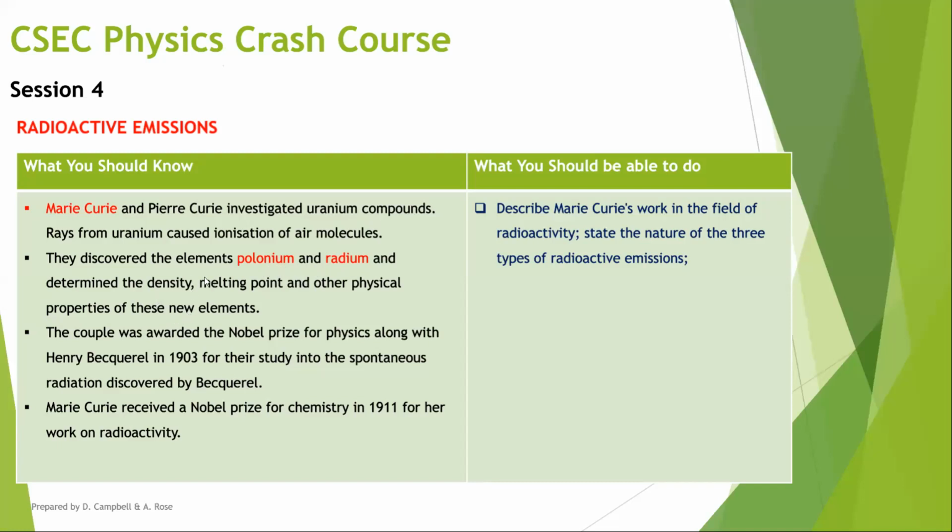Just a little bit on radium. Radium was once used in a particular paint to put on the dials of watches, and they employed some females in factories to do that. Unfortunately for them, they also got radiation poisoning.